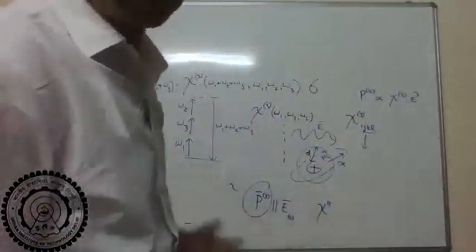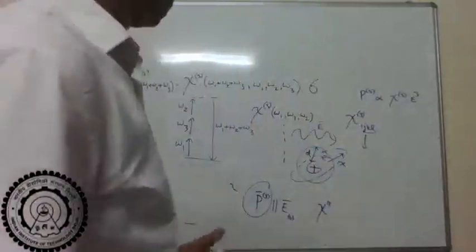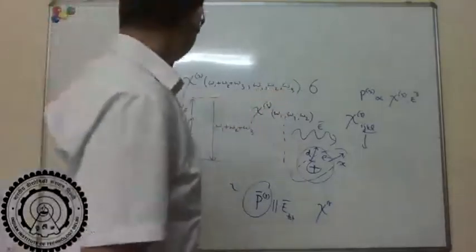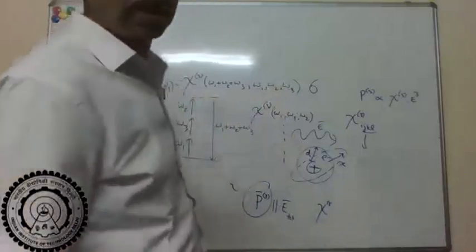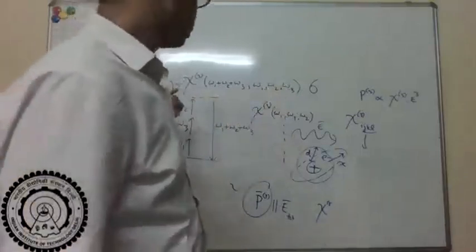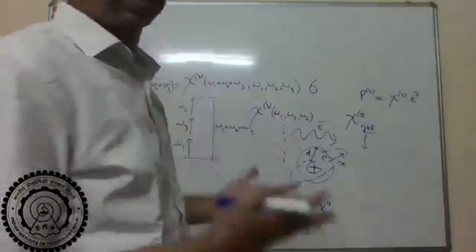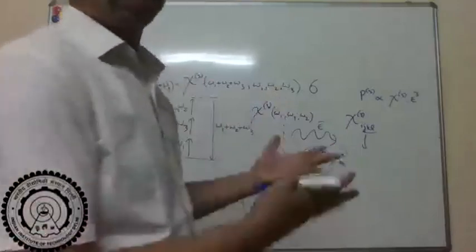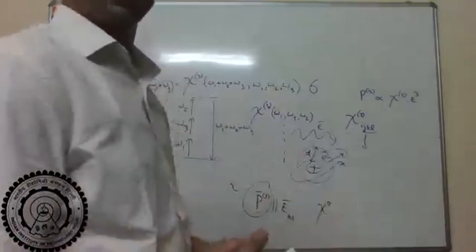There are other kinds of constraints. For example, the fields have to be real, and the polarization induced has to be real. Then, when you apply an electric field and you induce a polarization, there is some stored energy in the material.